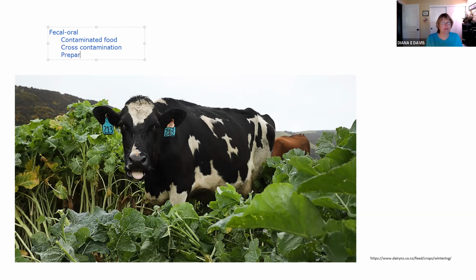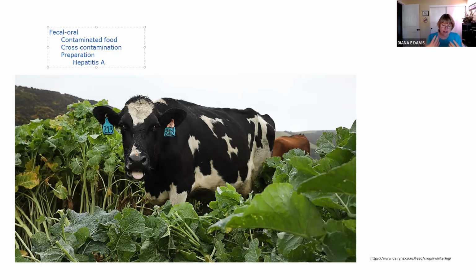And food preparation can also be a problem. Again, people who work in the food industry, preparing food, cooking food, serving food, desperately underpaid, not likely to take time off. They'll come in when they're sick. And this is the biggest way that hepatitis A gets spread.